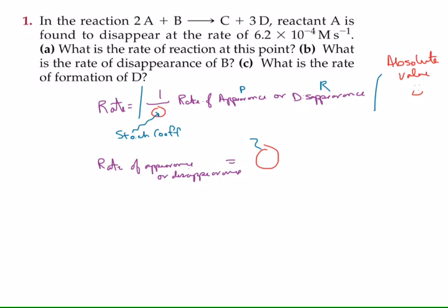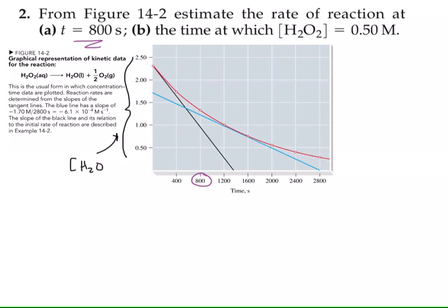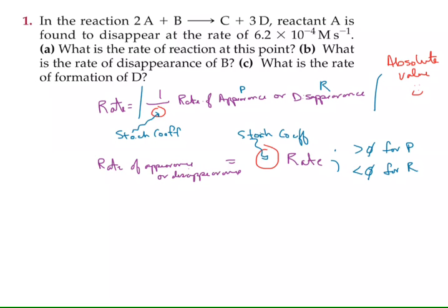The next one, what is the rate of appearance of B? Now, what I would do is go back to the original information, and kind of like we did in lecture, I would introduce my stoichiometric ratio.